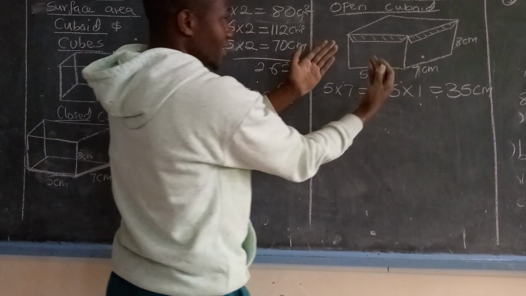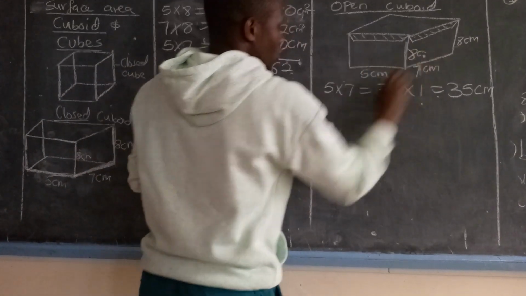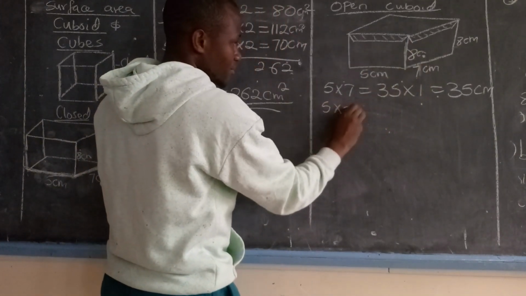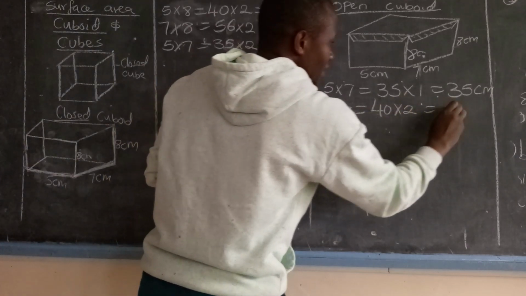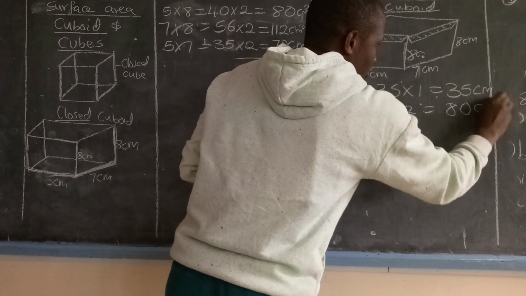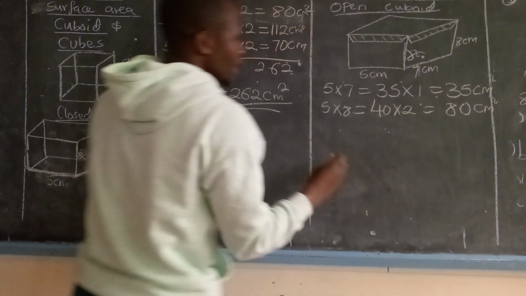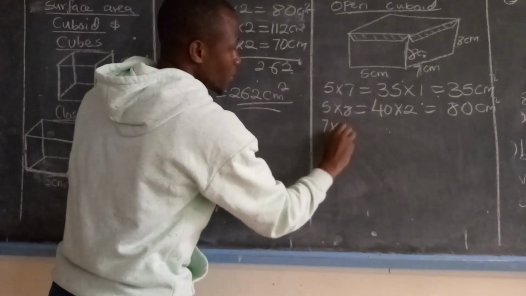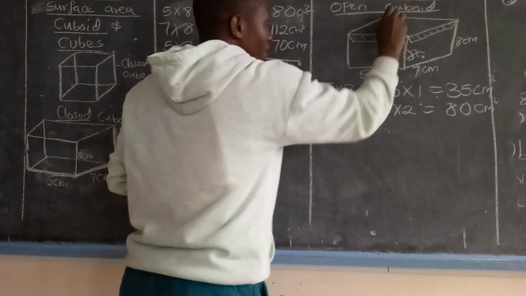Now, this side is the same, so the height is 8 centimeters. So it is 5 times 8, you'll get 40. Multiplied by 2, you get 80 centimeters square. Obvious, because it is the area. Now, the other side, it is 7 multiplied by 8, and the identical one is here.